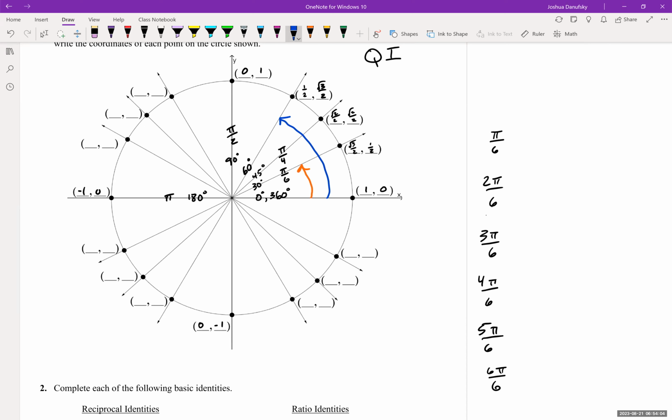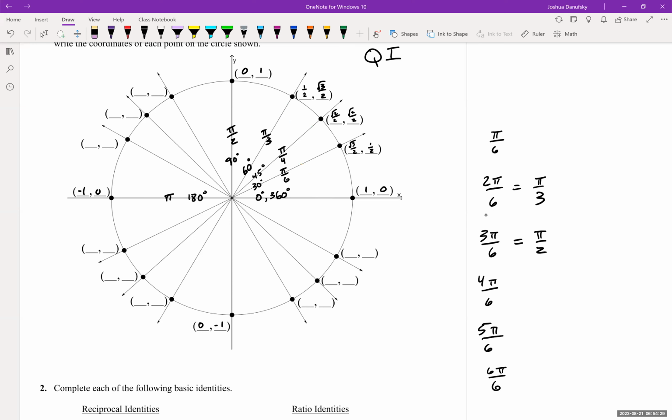Let's do a couple more. Here's 3 pi's over 6. If we look at those first three, I think we find that this one reduces to pi over 3, and this one reduces to pi over 2. So the blue angle goes to pi over 3, and of course the green one goes to pi over 2, which we already knew.